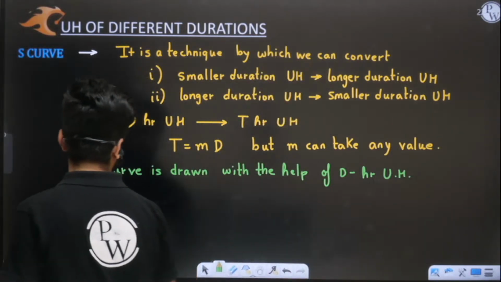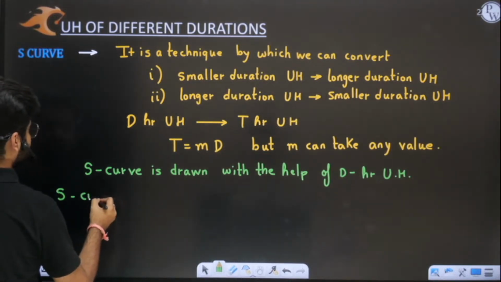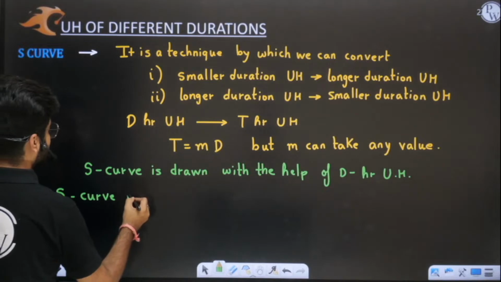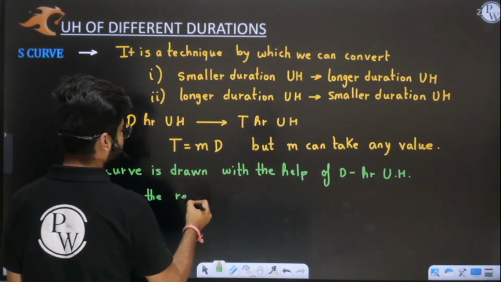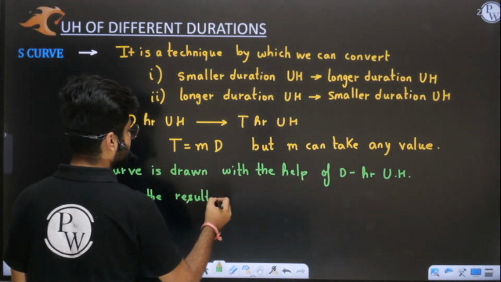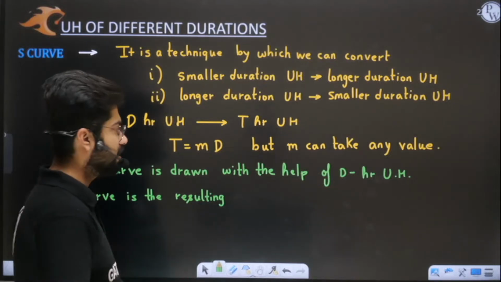Now what exactly is the S curve? The S curve is the resulting direct runoff hydrograph. I will explain this with an example also, but first let us write the definition.